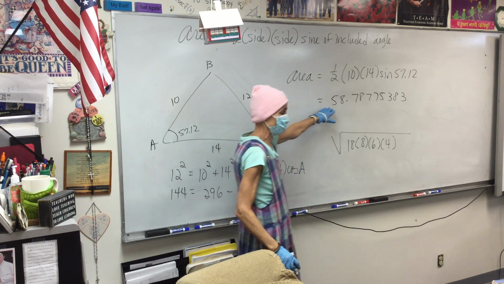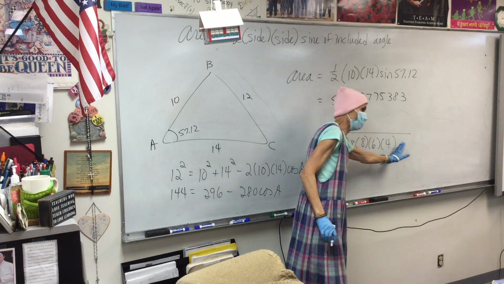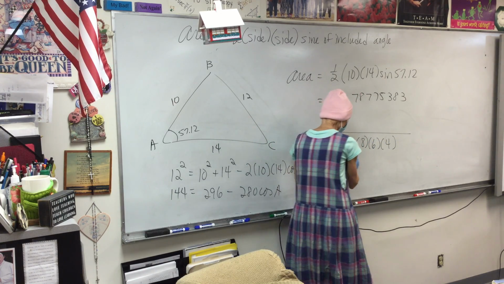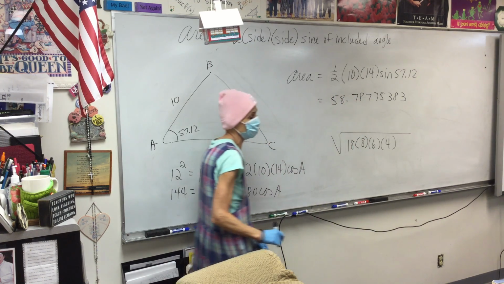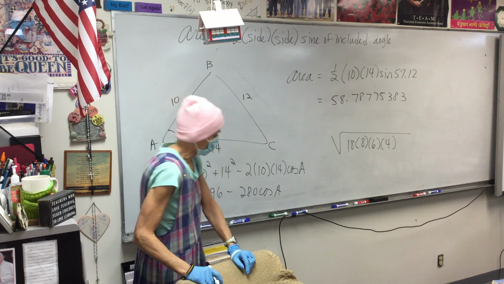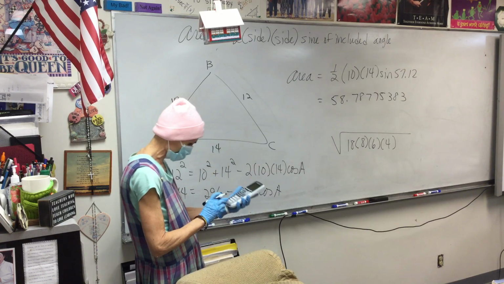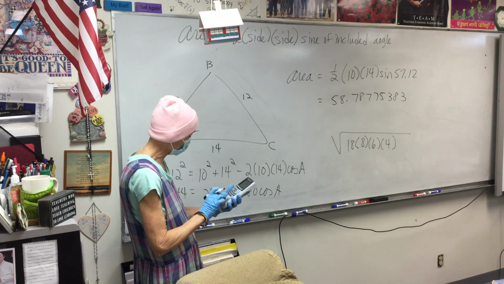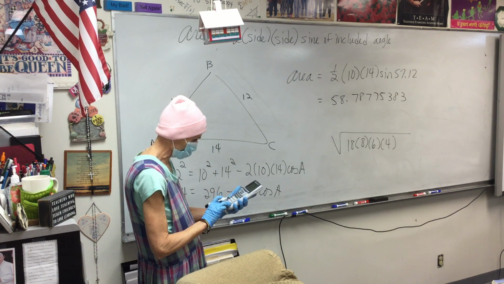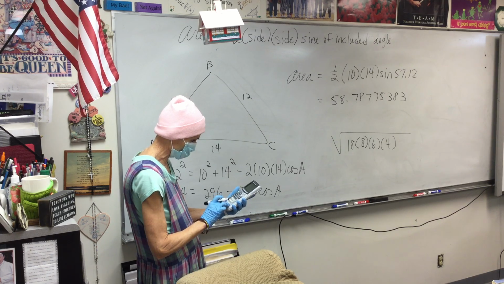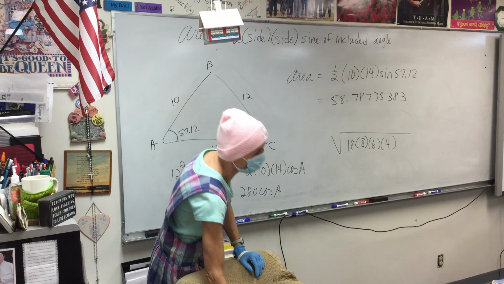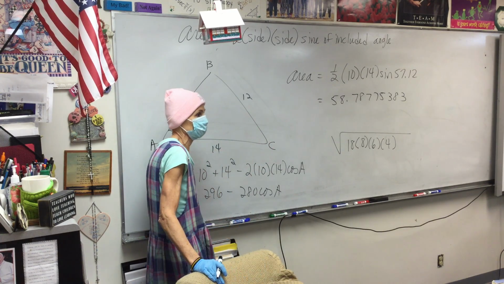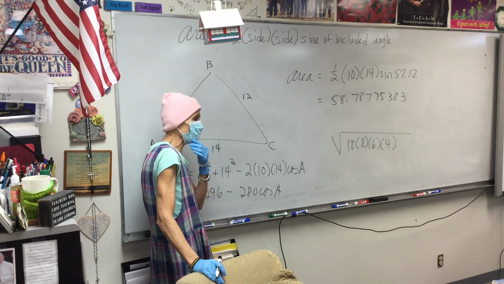After you've gotten this number, I want you to type this in on your calculator. Multiply these four numbers together and hit square root. What happened?